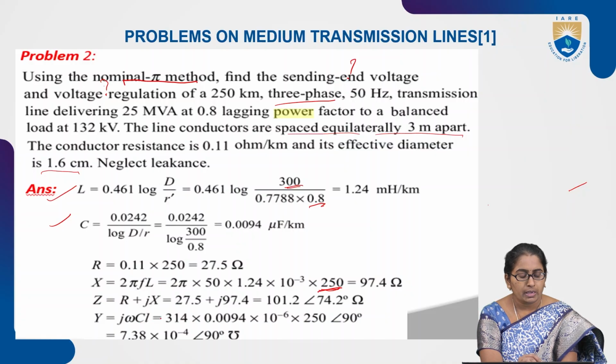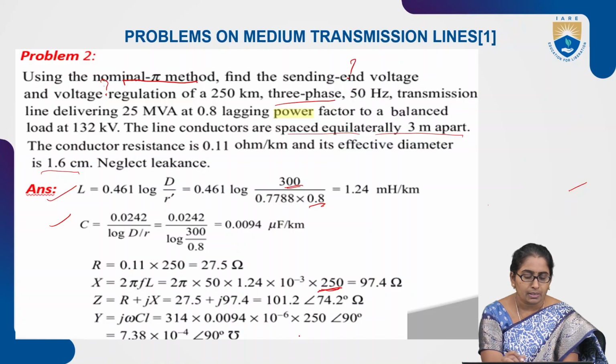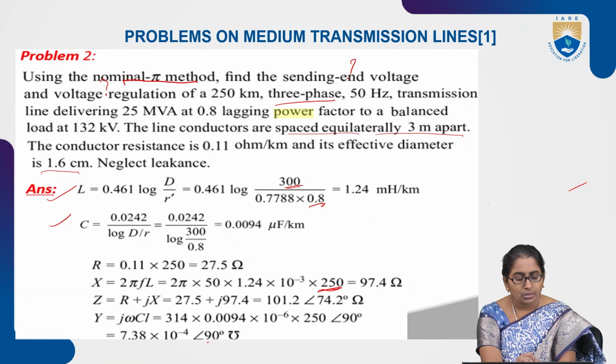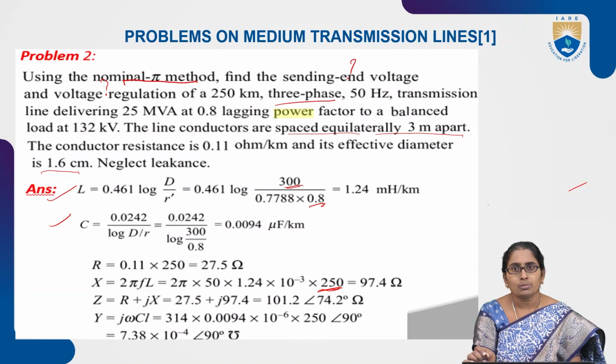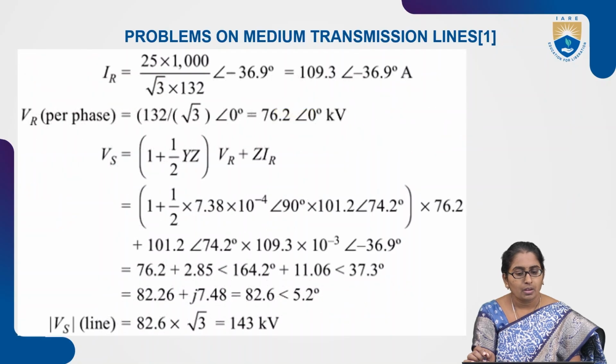So 2 pi f at 50 gives 340, and the C value is calculated as 0.0094 into 10 power minus 6, and the length of the line is 250. J means an angle of 90 degrees, right? J operator means an angle of 90 degrees. So finally the Y value is obtained as 7.38 into 10 power minus 4 at an angle of 90 degrees.